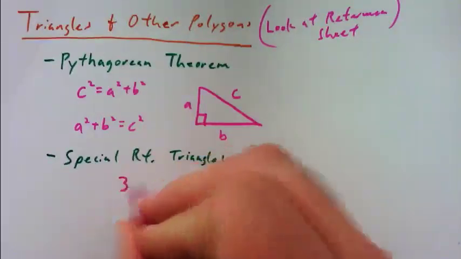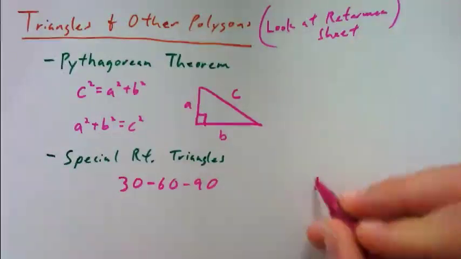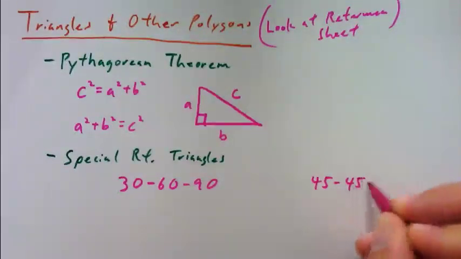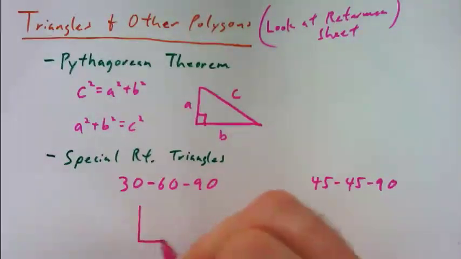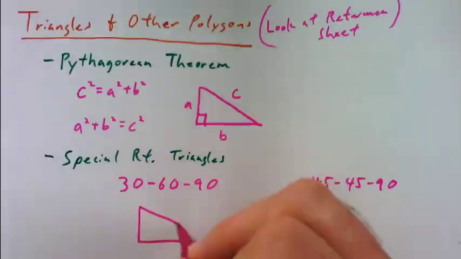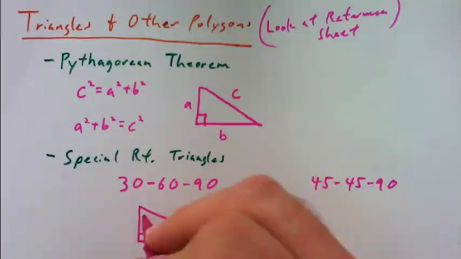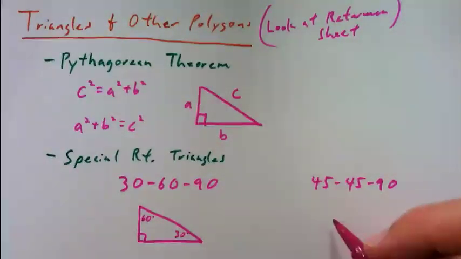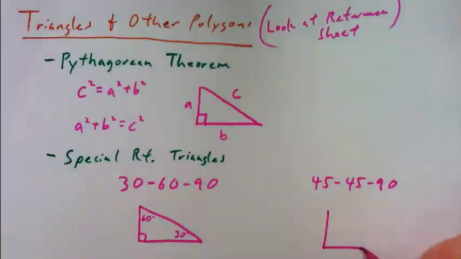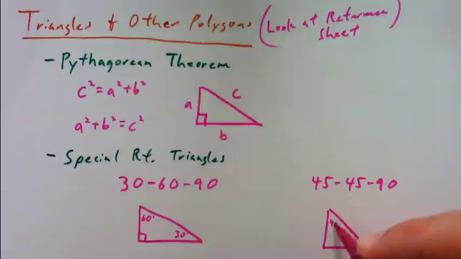So the two special right triangles that there are 30, 60, 90, and 45, 45, 90. And these names are based off of the angle measurements. So in 30, 60, 90, we have a 30-degree angle, a 60-degree angle, and a 90-degree angle. In a 45, 45, 90, we have a 45-degree angle, a 45-degree angle, and a 90-degree angle.